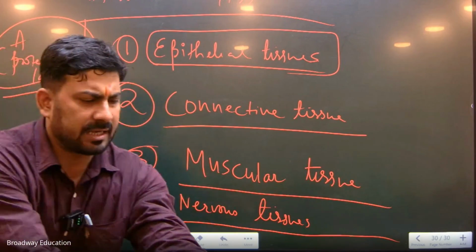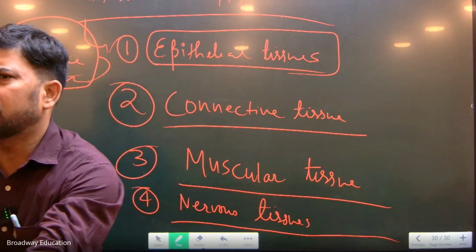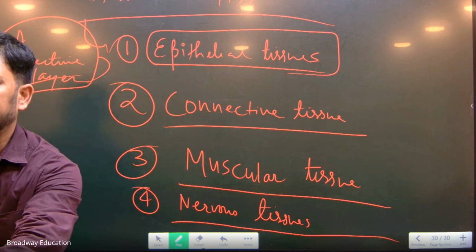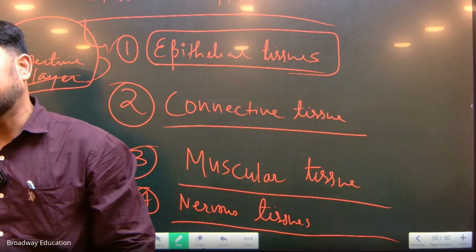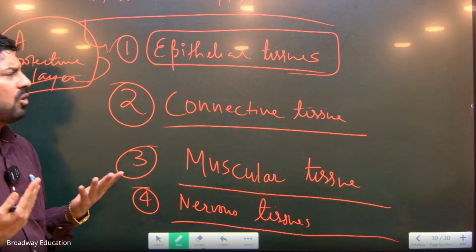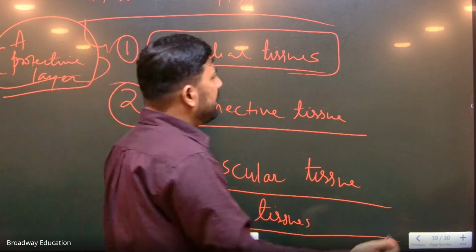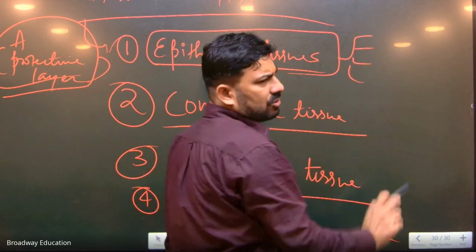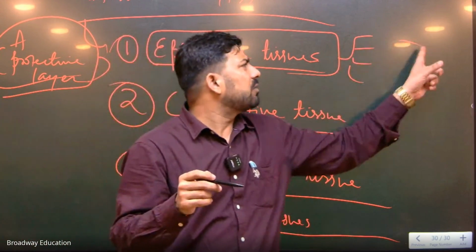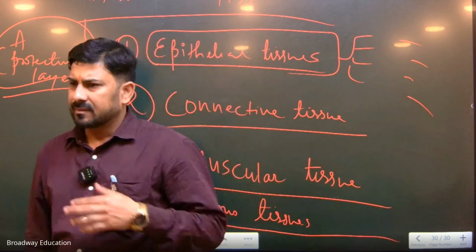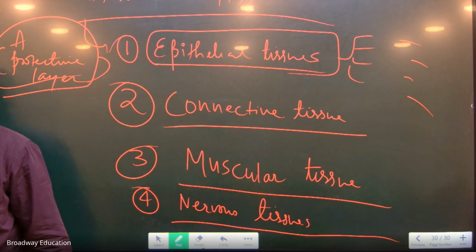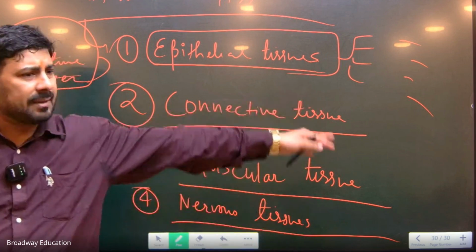That is my point. The skin is also protective only, no? So here also, what kind of tissues are there? Epithelial tissues. Crystal clear? Now again, friends, epithelial tissues are also classified into certain subcategories. For subcategories, make squares and all, and write one line on this. It is divided into the following types.